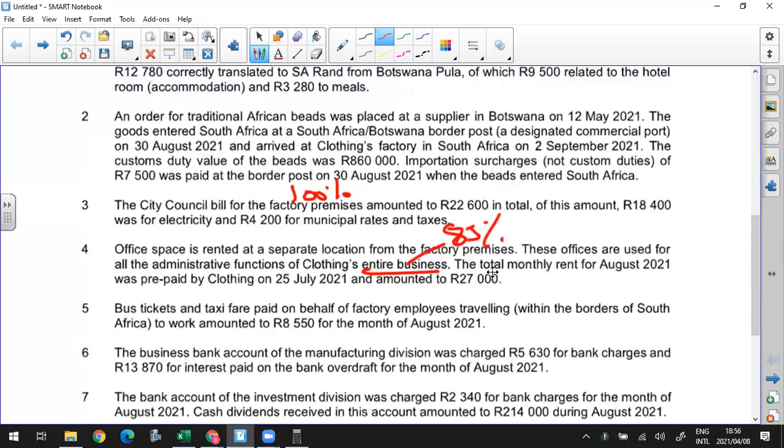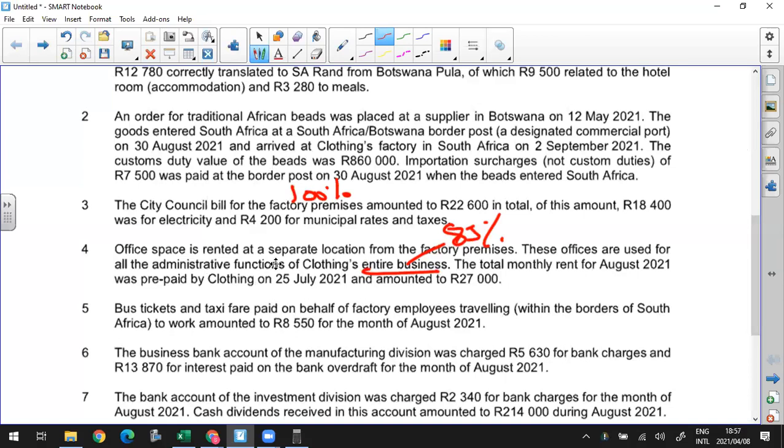Guys, it says the total monthly rent for August is prepaid on 25 July and amounted to 27,000. This is one of the ones where you need to do time of supply. It's rent. When do we normally account for rent? On the earlier of invoice or payment.